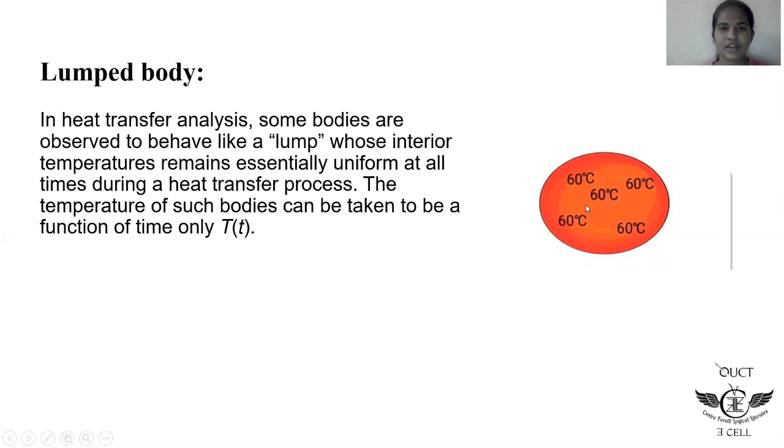But in a lump body, when you dip it in a hot solution and check the temperature at the midpoint, at the surface, or at any point, the temperature is the same. That type of body is called a lump body. So the temperature of such bodies can be taken to be a function of time only.